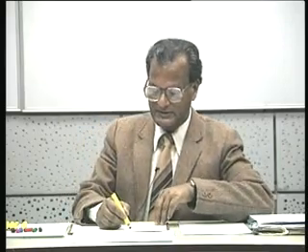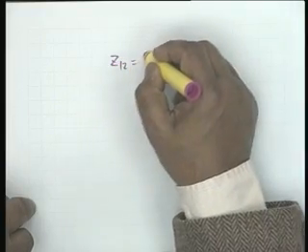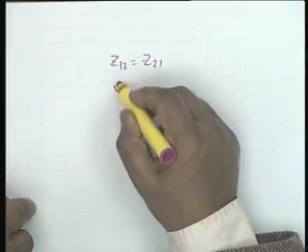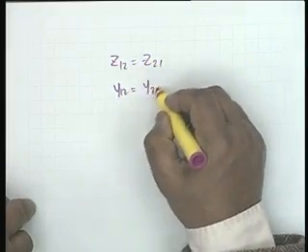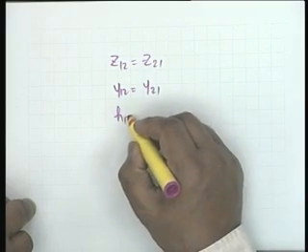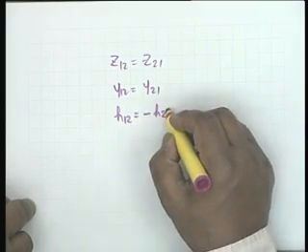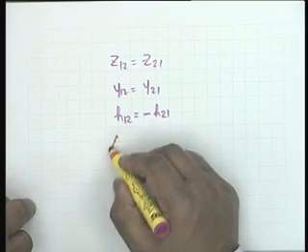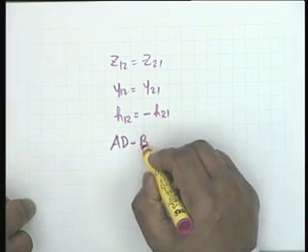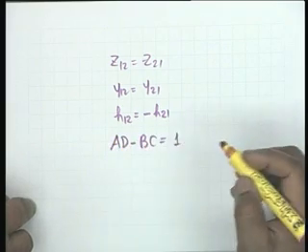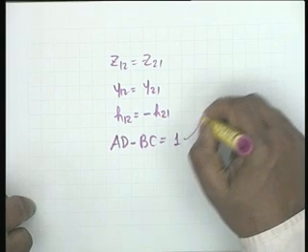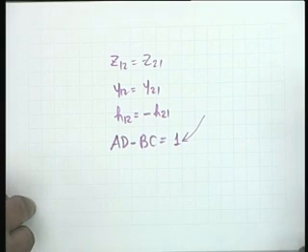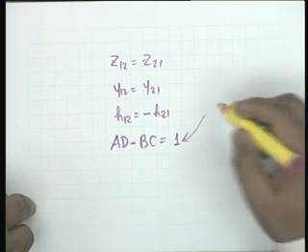To summarize, our condition for reciprocity is Z12 equal to Z21, Y12 equal to Y21, this is fine. H12 is minus H21, that is a negative sign, and in terms of transmission parameters it is AD minus BC equal to 1. You see that this is the only set of parameters in which all the 4 parameters are involved.